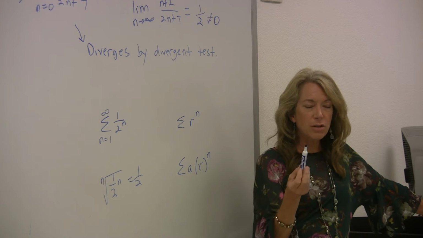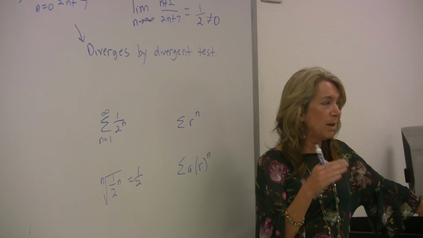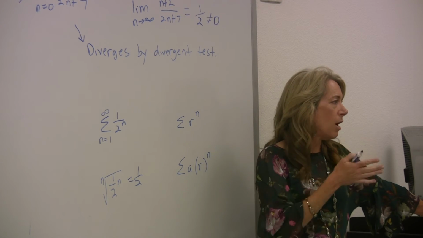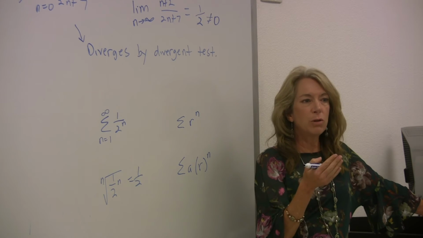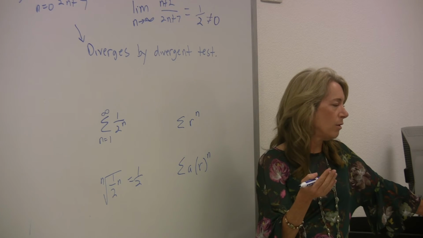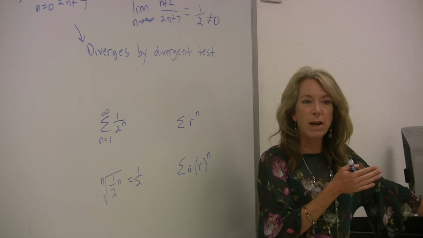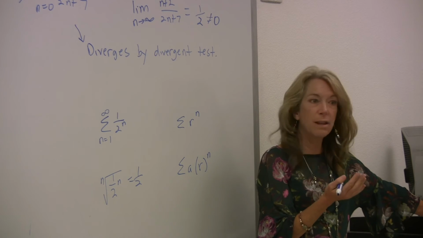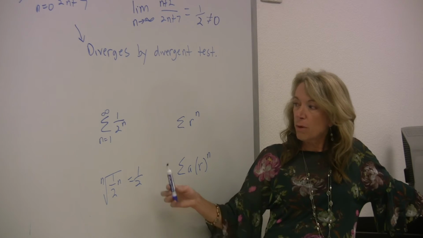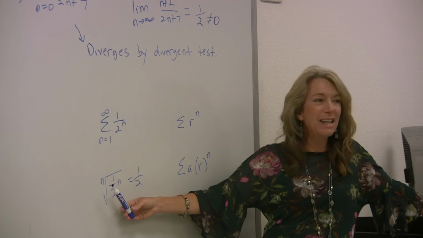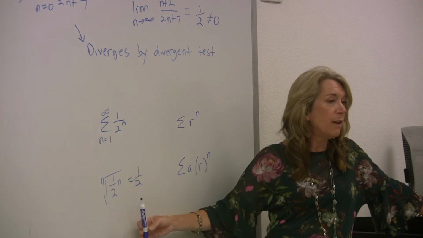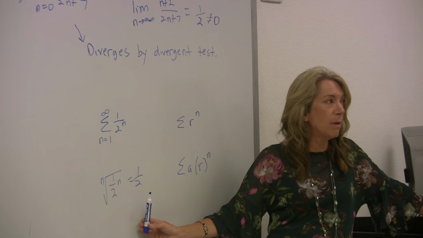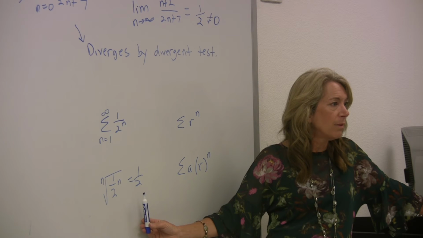Because a geometric series always has powers of your r. So if you take the square root of the second term, you'll get r right back because you've multiplied it twice. If you take the cube root of the third term, you'll get r because you've multiplied 3 times. So what the root test is doing is saying take the nth root of the nth term, and this is just like your r again from the geometric series.